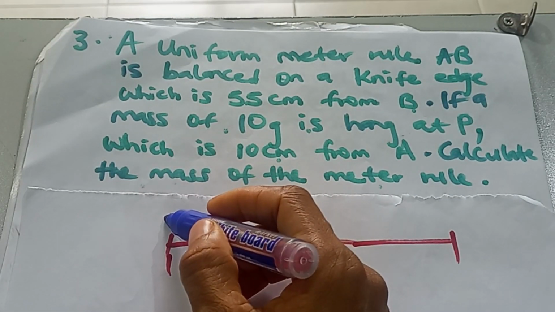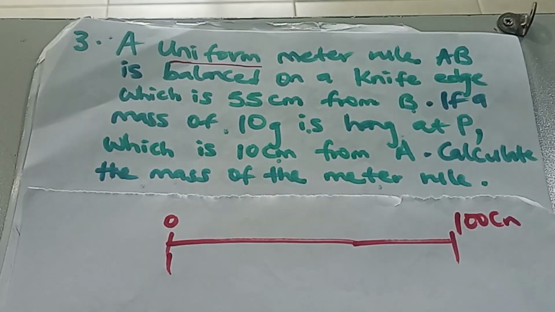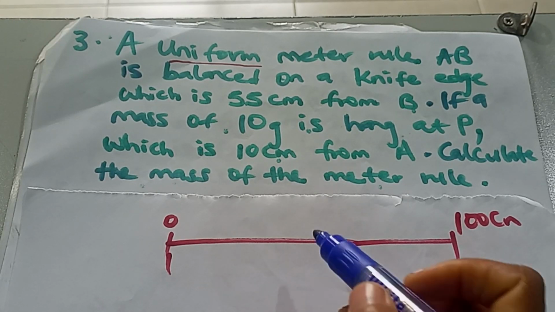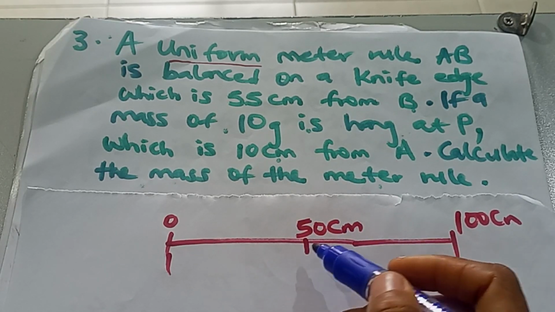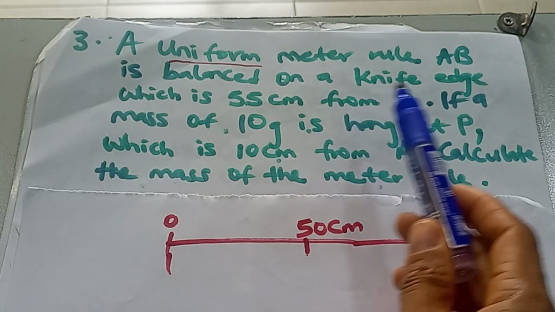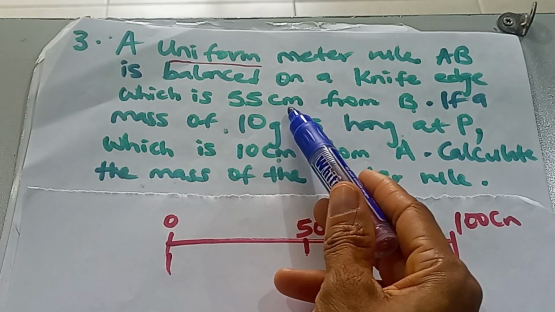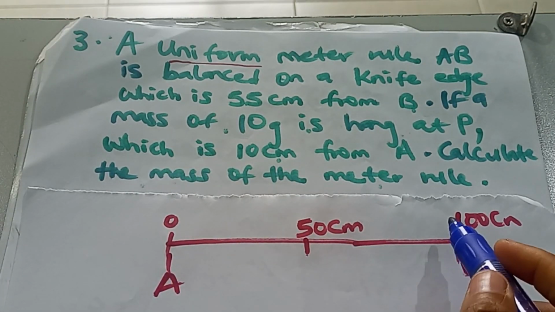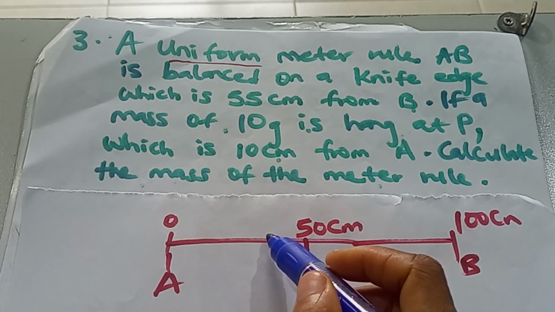Okay, now let's say 0 to 100. Why are we using 100? It is a uniform meter rule, which is 100 cm. And once it's a uniform meter rule, remember that the mass, that's the weight, must be at this 50 cm point. AB is balanced on a knife edge, which is 55 cm from B. If here is B and here is A, the knife edge is 55 cm from B. So we start here, which means it's somewhere here.